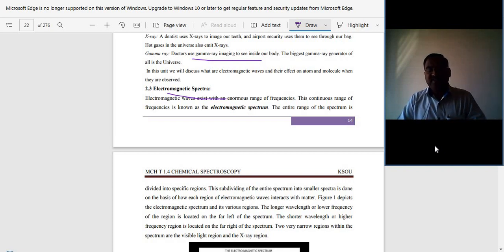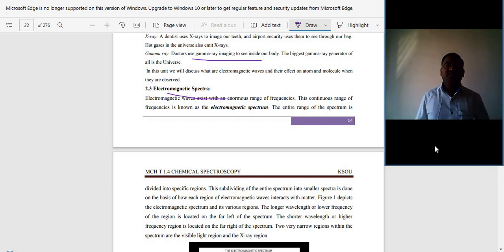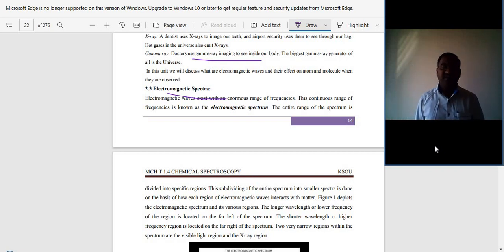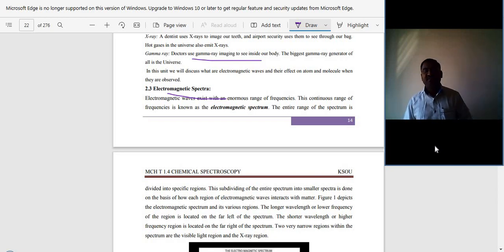Electromagnetic waves exist with an enormous range of frequencies. This continuous range of frequencies is known as the electromagnetic spectrum. The entire spectrum is divided into specific regions, on the basis of how each region of electromagnetic waves interacts with matter.